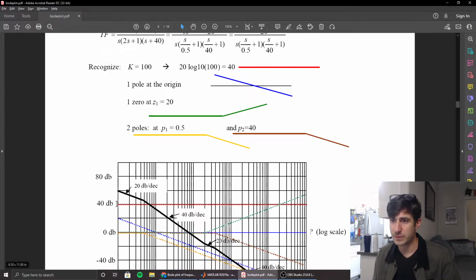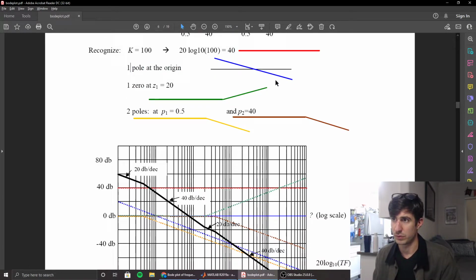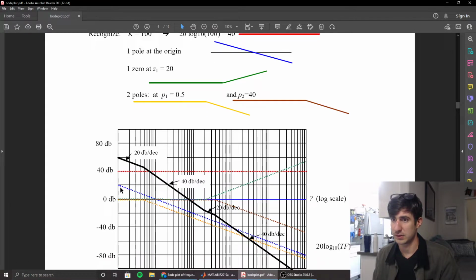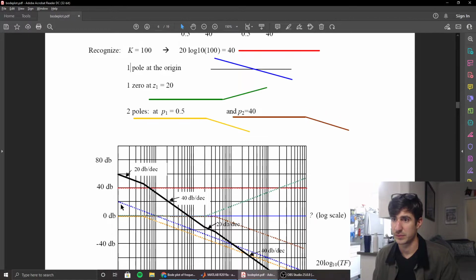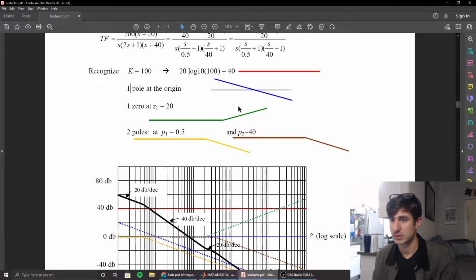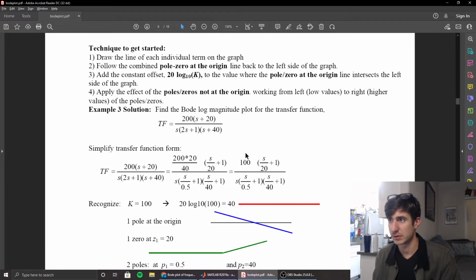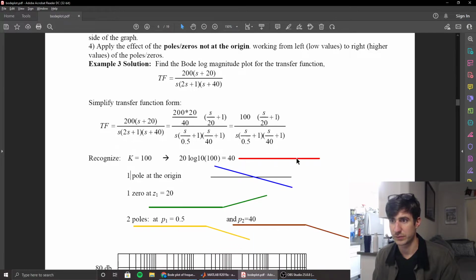So you start with the 40 dB here, and then you do the one pole at the origin, which is the blue line that goes this way, and it starts at, well, I think it's really just a rough estimate here. Let me just make sure.